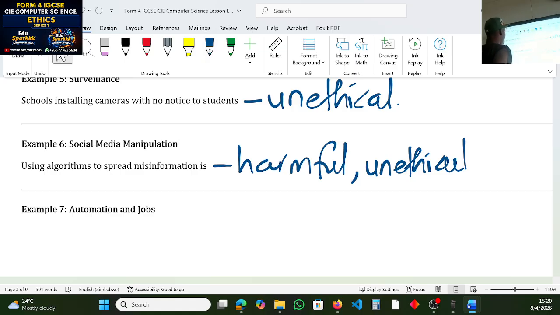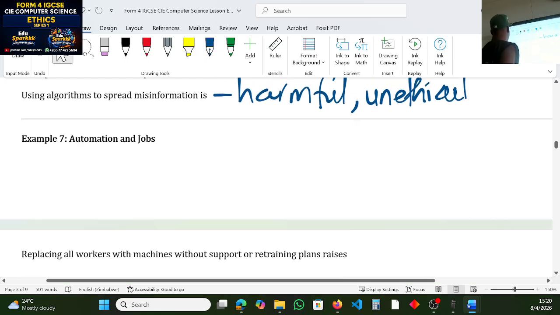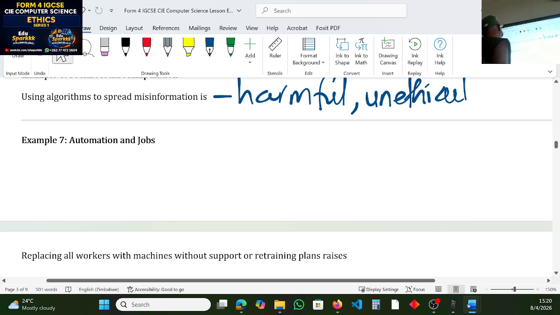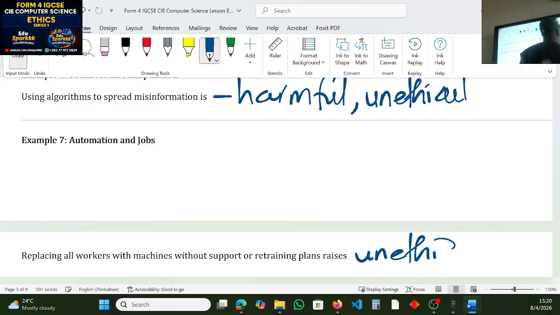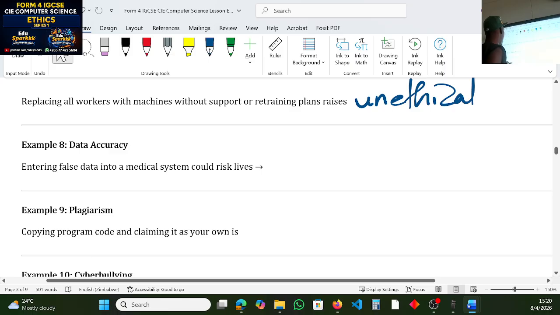Let's have a look at this area. Replacing all workers with machines without support or retraining plan raises unethical concerns. Because people are going to lose a job, how do they survive? So they need to be retrained to operate those machines so that their livelihood is restored or recaptured.